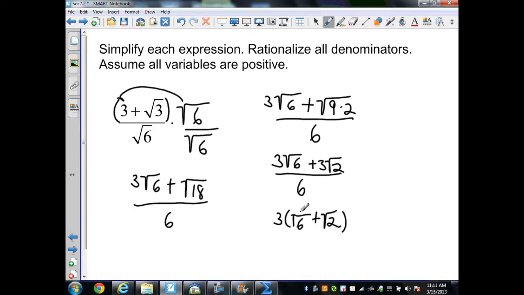And I cannot combine these because they're not like terms. Even though they have the same index, what's inside the radical is not the same. And this is all over 6. Now I can simplify the fraction. So that leaves me in the numerator, the square root of 6 plus the square root of 2 all over 3, and 6 simplify with 2 on the denominator.